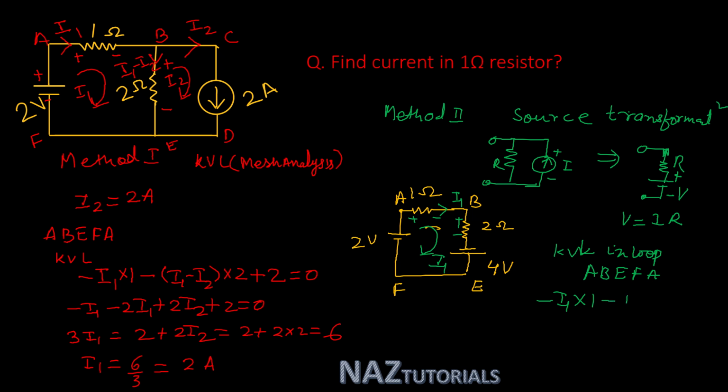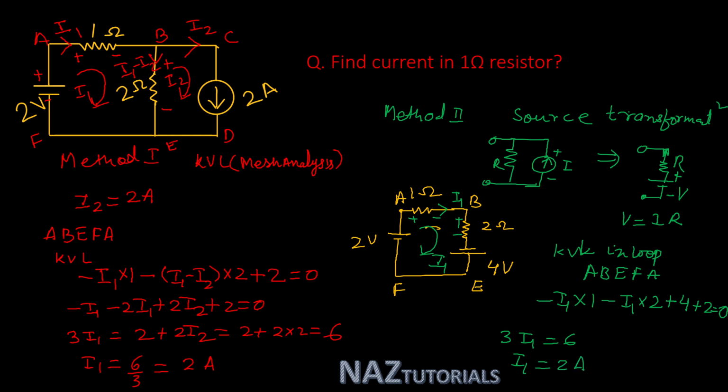Again a fall in voltage, minus I1 into 2. Now for the 4 volt battery, there is a rise in voltage, plus 4. Now again a rise in voltage, plus 2, is equal to 0. You can say 3I1 is equal to 6. So I1 is equal to 2 ampere.